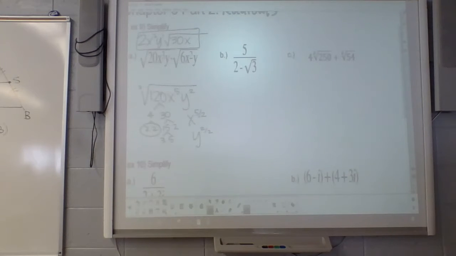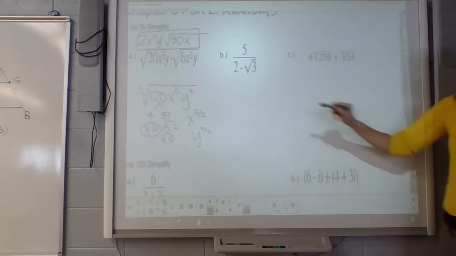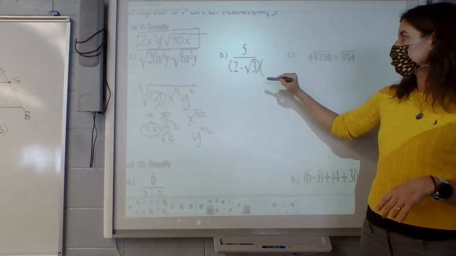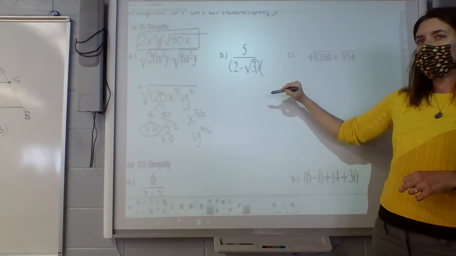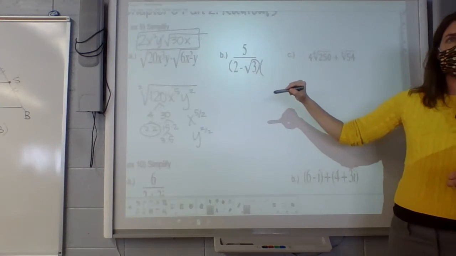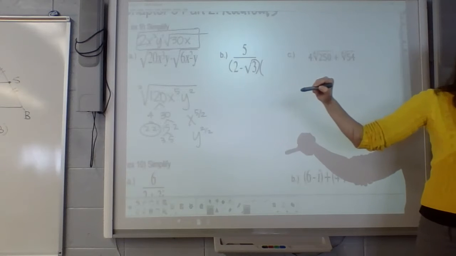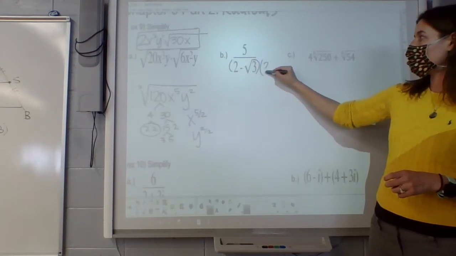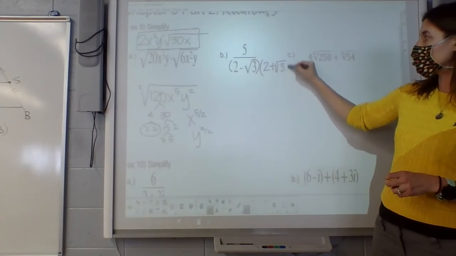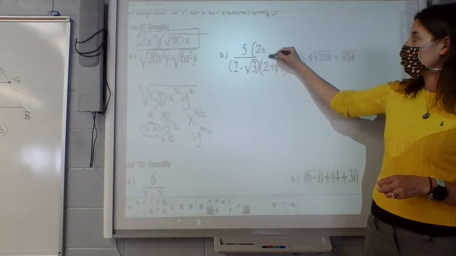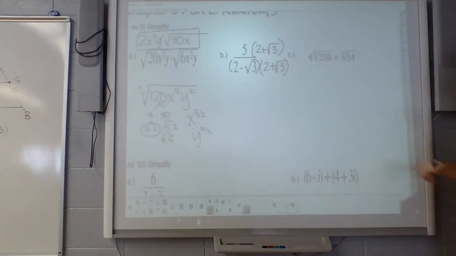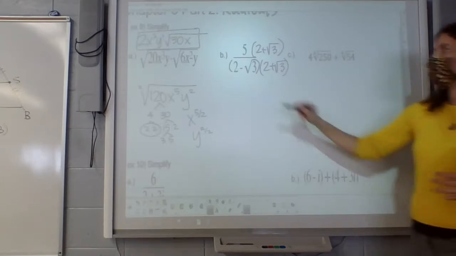The next one, we don't like those radicals in the denominator. So what should we do to get rid of them? Do you remember? Multiply by what? Not exactly itself. So it's going to be the opposite version. So plus the square root of 3. Whenever I do the bottom, I have to do the top as well.